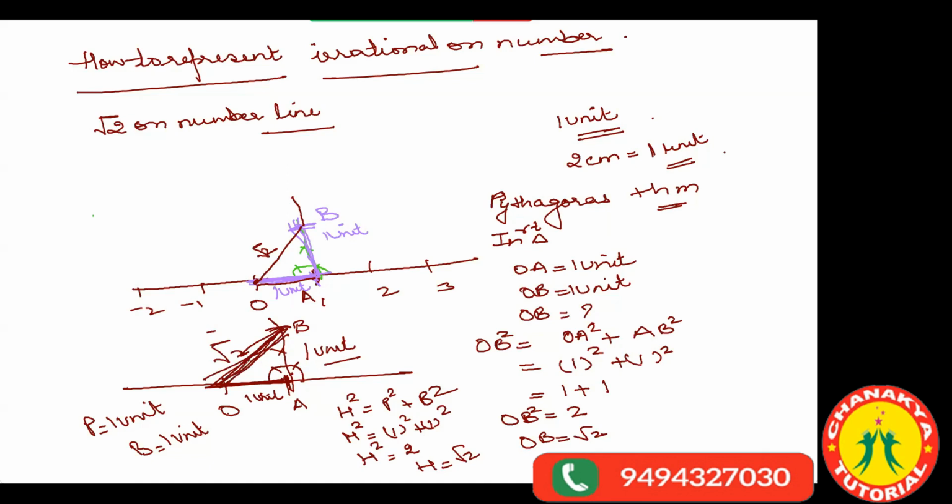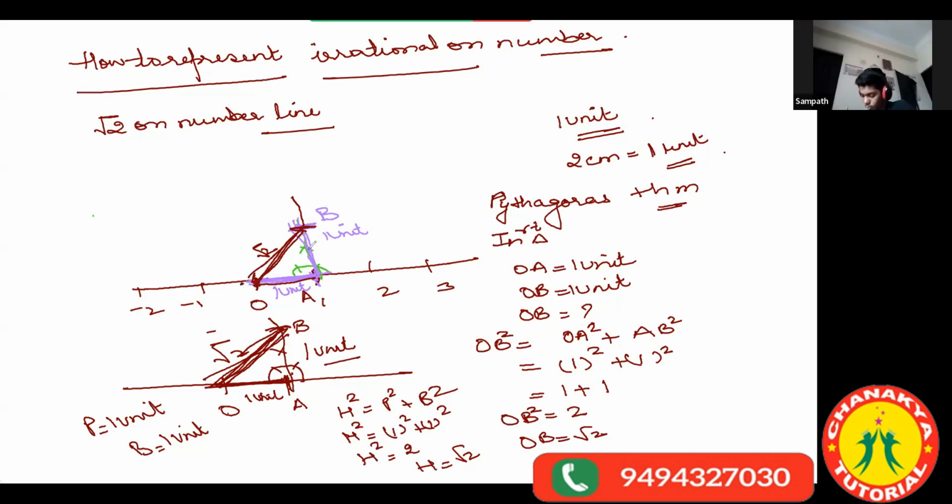Now, next step will be put your compass over O point. Put your compass at O point and open your compass till B. Take this radius OB in your compass. Taken OB? Yes, ma'am.